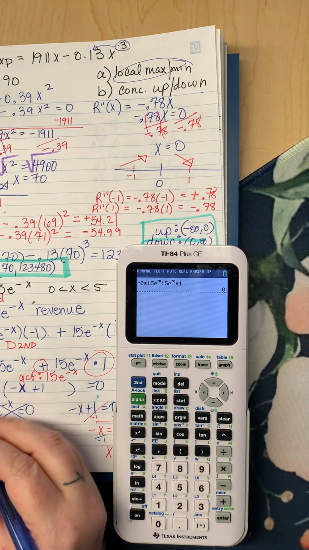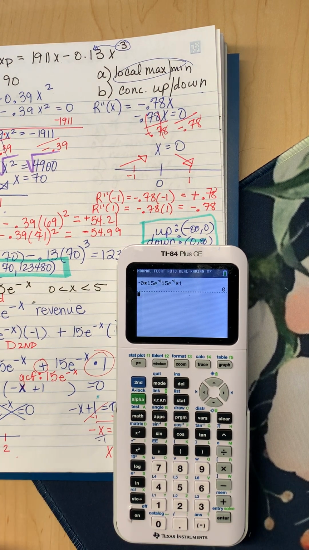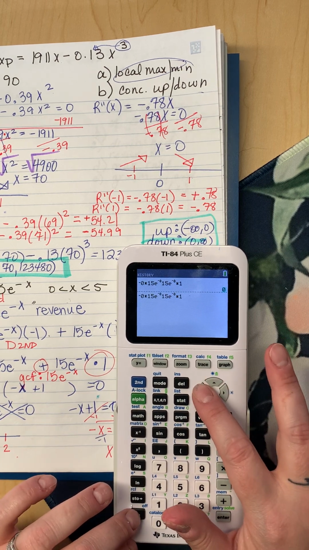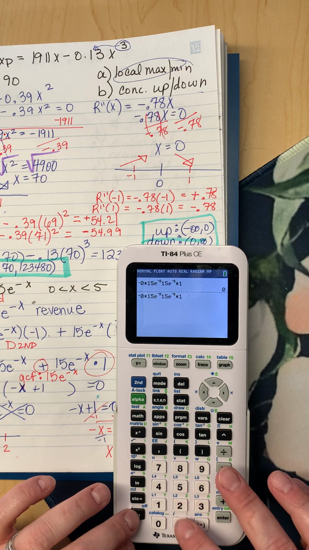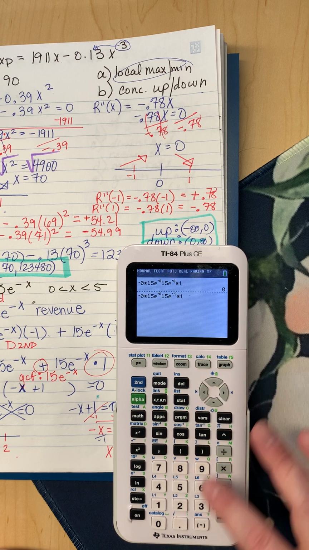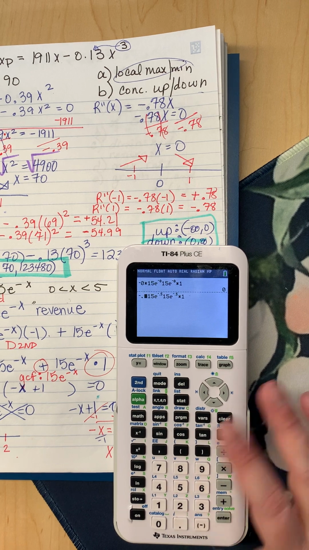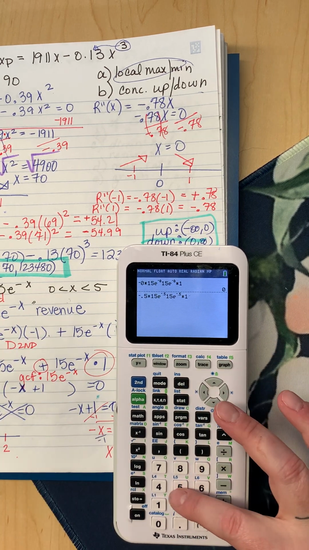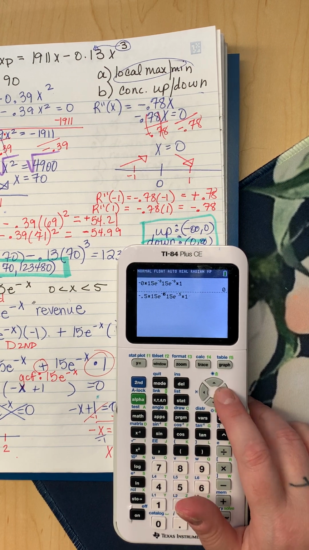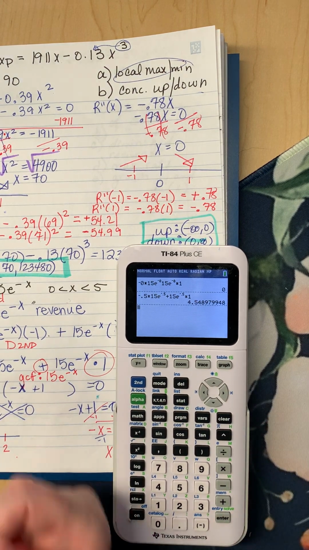Let's try maybe 0.5. I just want to see if it comes out positive or negative. So let's try 0.5 instead of the number 0. Wherever I'm putting that 0, I'm going to put 0.5. And when I do that, I get a positive number.